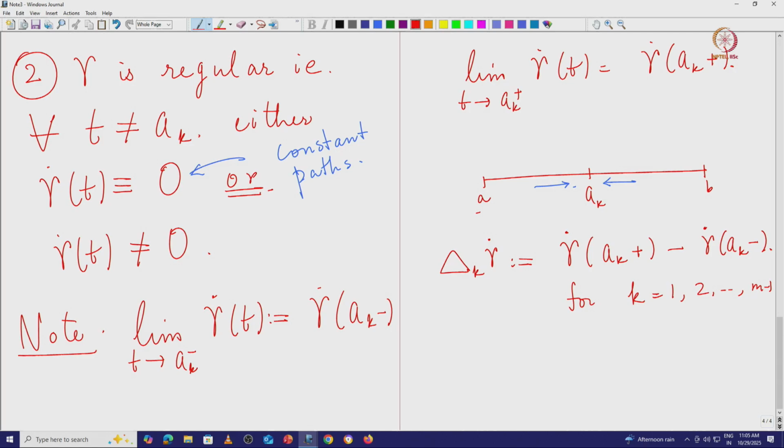So at the two end points one can only define a one sided limit. Alright, and the nomenclature is that gamma of a is called the initial point and gamma of b is called the end or the final point.